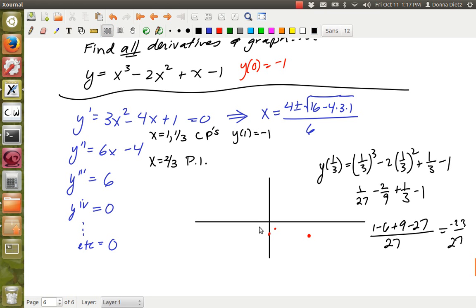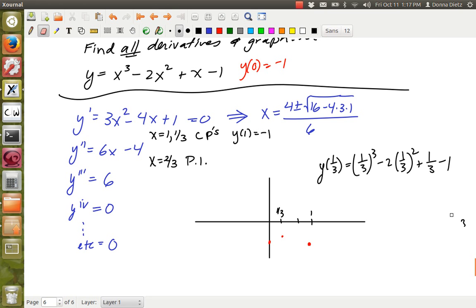Let's see. This is kind of weird, huh? So there's 1/3, 2/3, and 3/3. That's roughly what we're talking about here. That's enough information for that. Now what? Now we go through the same slimy mess for y of 2/3.